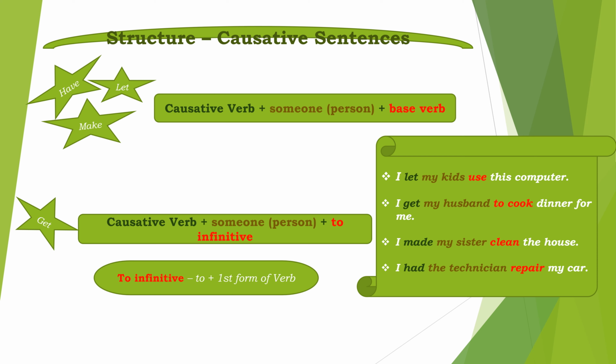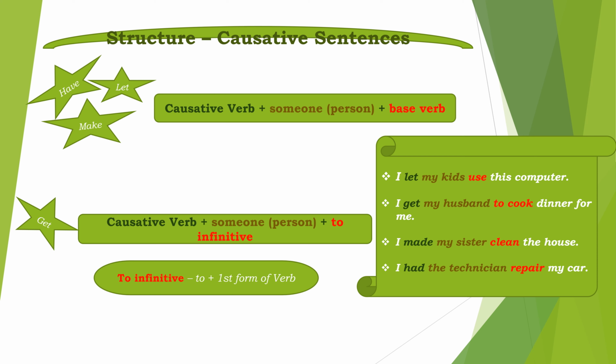So I is the subject, get is a causative verb, my husband is someone, person, and you remember get takes to infinitive, means to plus first form, not like the other 3 base verb. So to cook is infinitive here. Dinner for me is the rest of the sentence.